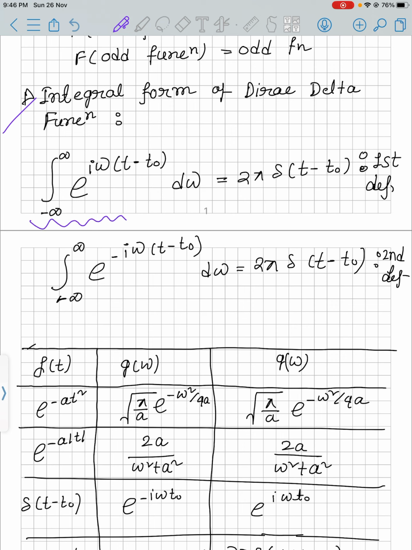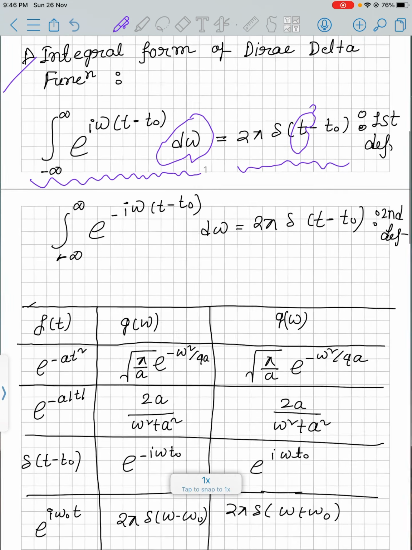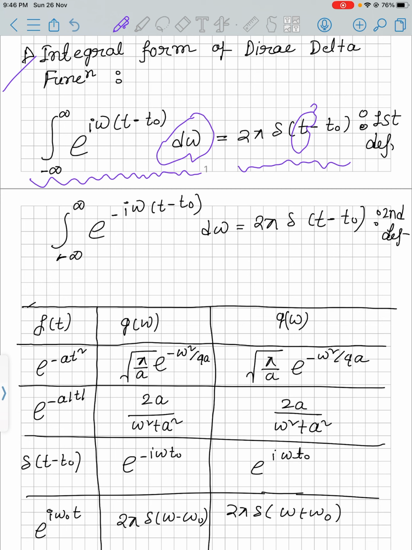One thing to remember is that the result of the integration comes as a function of t, so the integration will be over d omega. Similarly you can note the integral from minus infinity to plus infinity of e to the power minus i omega (t minus t naught) d omega equals 2 pi delta(t minus t naught). Second definition using. I will show the proof if you want to know.